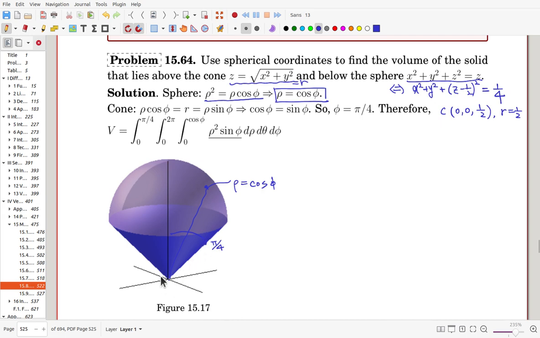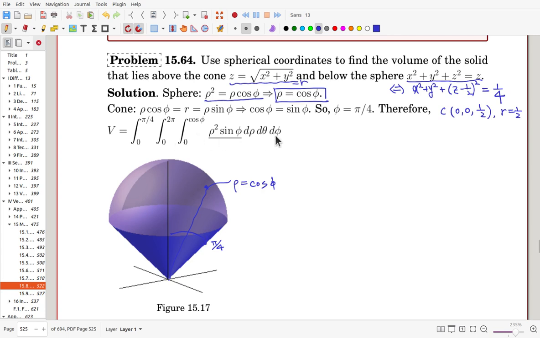And how about the horizontal direction? In the horizontal direction, we can make a whole circulation, so theta must be from 0 to 2 pi. So the volume can be decided by using this equation.